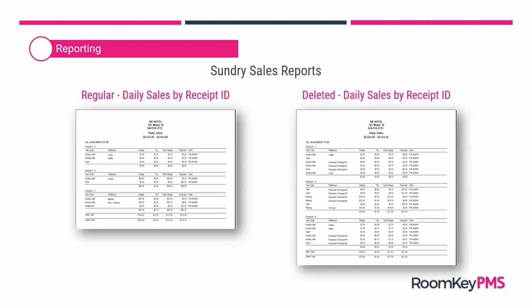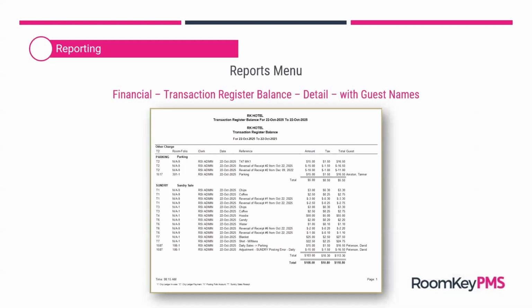Anything that is sold through Sundry Sales also appears on our transaction register balance financial reports, as well as our journal entry financial reports. So from RoomKey itself, so this is not in the Sundry Sales module, but just in the RoomKey database, you would go to your Reports menu.